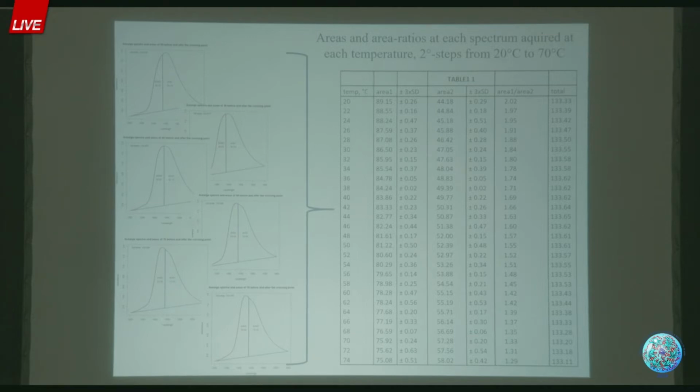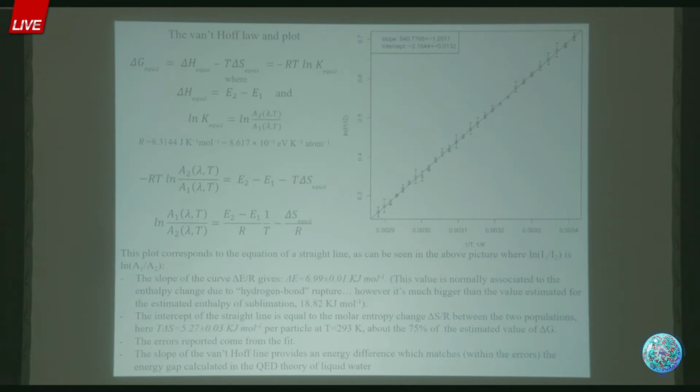What comes out is that if we relate the area of each one of the two parts to the spectral intensity, that is the amount of each one of the two populations, we are able to see, using the Van 't Hoff law, the Van 't Hoff plot, that the energy difference between the two states, this plot being a line, is independent of temperature.